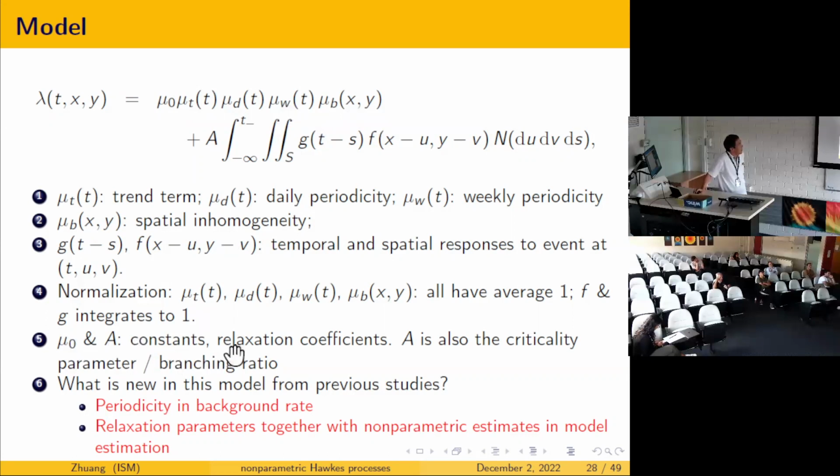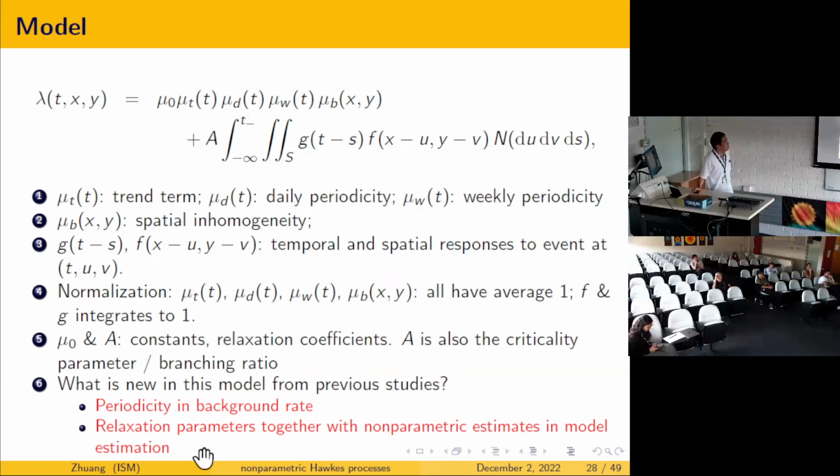Here I also name them relaxation coefficients, which will help us in the calculation and to obtain stable and robust results. So A here is the critical parameter, also called the boundary ratio.